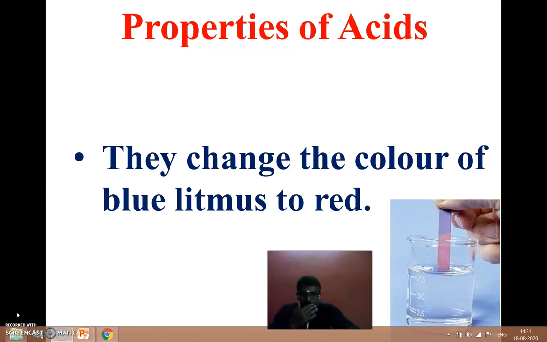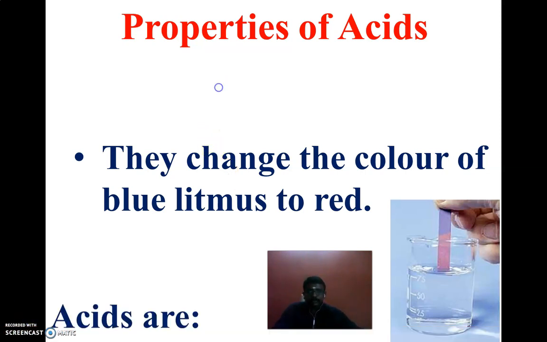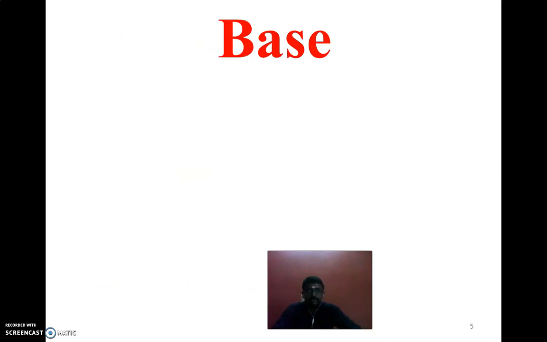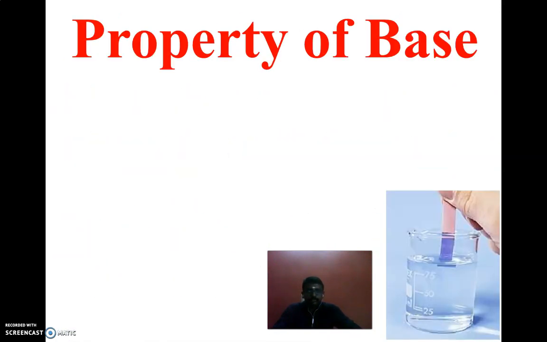In the last session we discussed acids and the properties of acids, and now we are going to discuss bases, the properties of bases. The property of acid: what is the taste of acid? It is sour in taste.